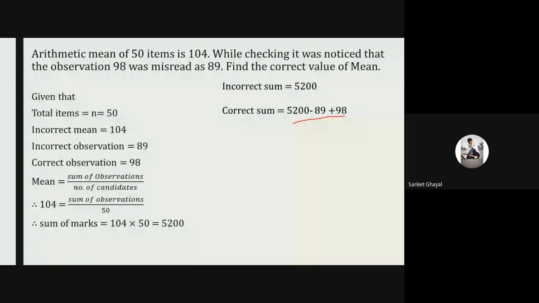They have asked the value of mean. How to find out mean कसा येणार? x bar is equal to correct sum divided by number of observations. मॅम नंबर ऑफ ऑब्झर्वेशन्स किती आहेत?